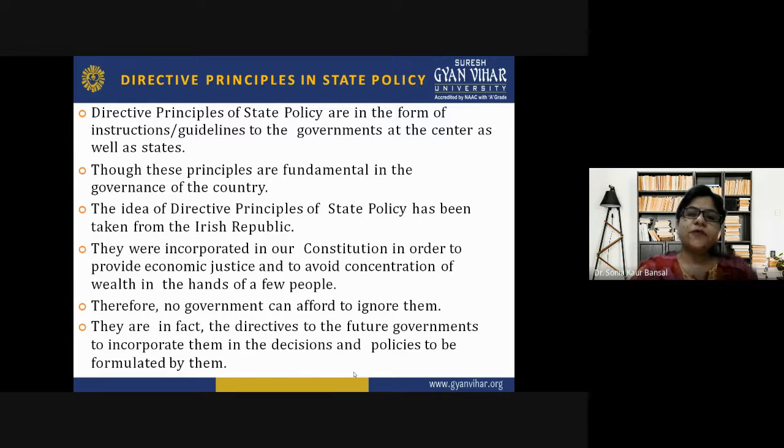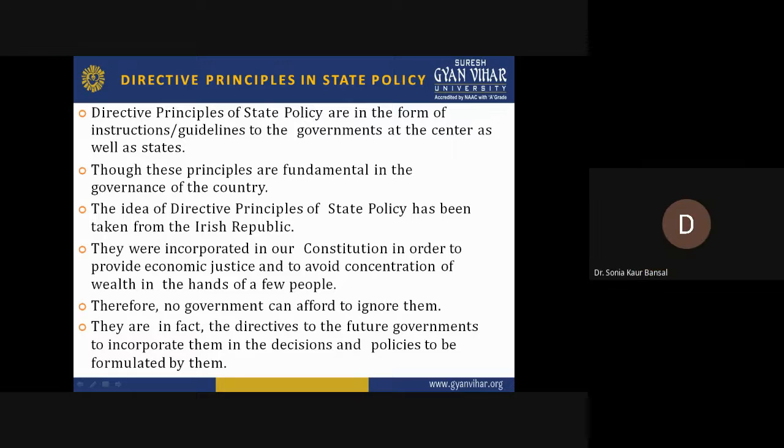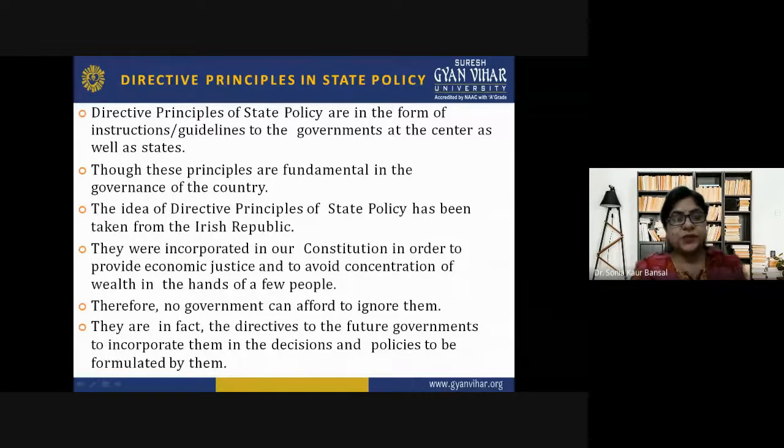So directive principles, as the name suggests, are something which is actually directing the policies of states. So what are those? Let's understand it in detail. So students, directive principles of state policy are in the form of instructions, guidelines to the government at the center as well as states.